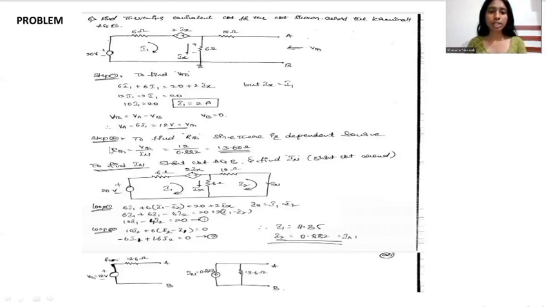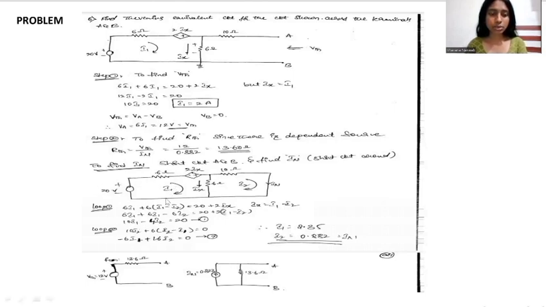In step 2, we find the value of RTH, and we know that RTH is equal to VTH by IN, that is 12 divided by IN, and IN is 0.882, and by dividing we get 13.60 ohms. Then we find the value of IN by short circuiting A and B.